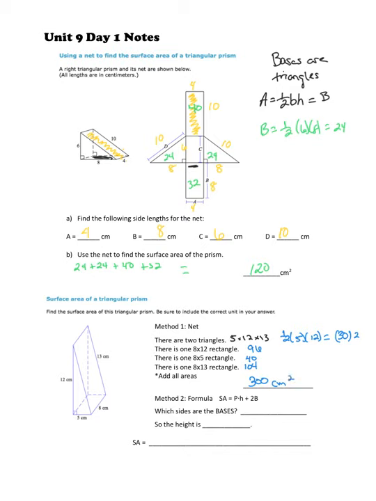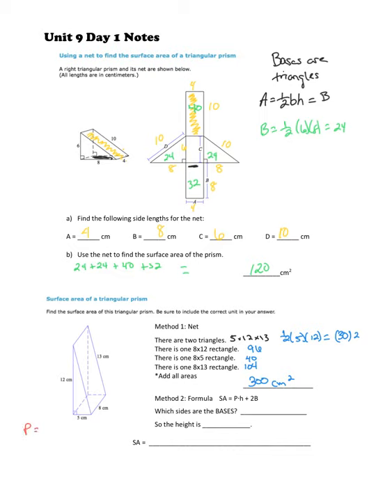Now, let's do the formula. Everything's the same. Big B is the area of the base. P is the perimeter of the base. H is the height, which is the distance between the 2 bases. Oh, okay, so not so bad.